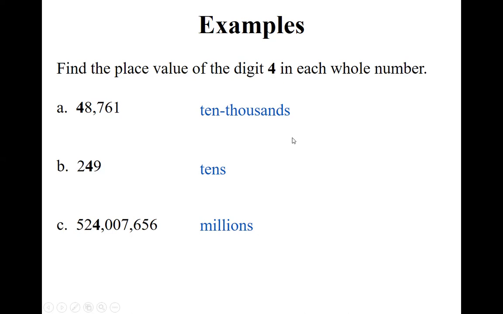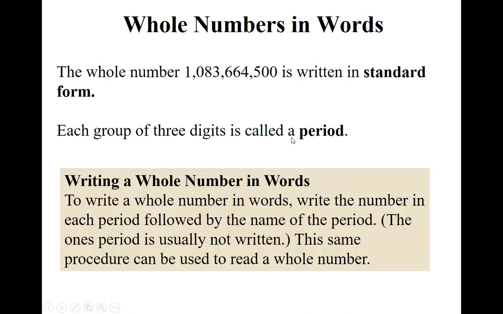So I pointed out these groups of three place values. Each group of three digits is called a period. The period is named after the thing that's not tens or hundreds. So the ones period, the thousands period, the millions period, the billions period.